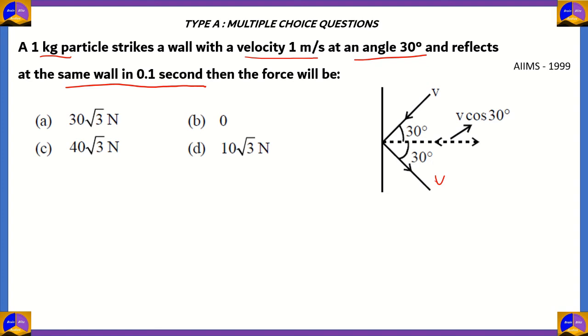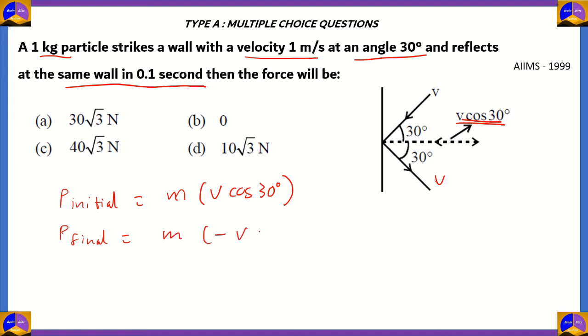So in order to solve this question, we take the component of velocity along the horizontal axis, which in this case is v cos 30. So here the initial momentum is the mass times v cos 30 degrees, and P final is mass times minus v cos 30 degrees.